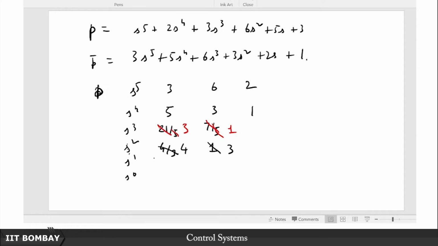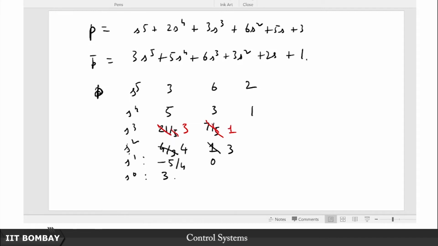Now what do I encounter at this s to the 1 row? 4 times 1 is 4, minus 3, that's minus 5 by 4, and a 0 here. And finally, when I come to this final row, I see that it's minus 5 by 4 into 3 minus 4 into 0, divided by minus 5 by 4, which is basically going to be 3.